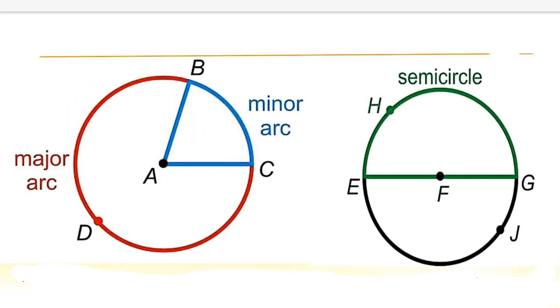And if it is more than the semicircle, it will be called a major arc. More than a semicircle means major arc, less than a semicircle means minor arc. And semicircle, you know, is half of the circle. Okay, the diameter divides the circle into two semicircles, and a semicircle is half of a circle.